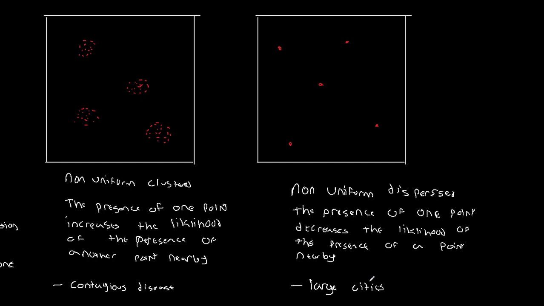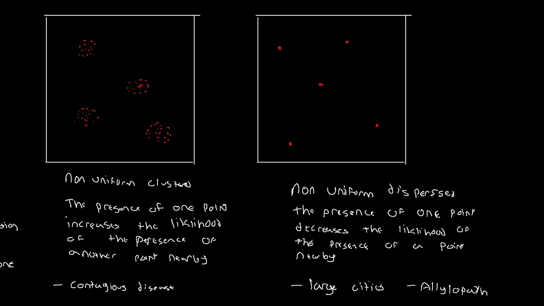Another good example of non-uniform dispersed would be what's called allelopathy. And I'm sorry if I butchered the spelling of allelopathy, but allelopathy is something that you see in ecology, where you have specific types of organisms that alter their environment to make it less suitable for more of that type of organism to exist in that area.